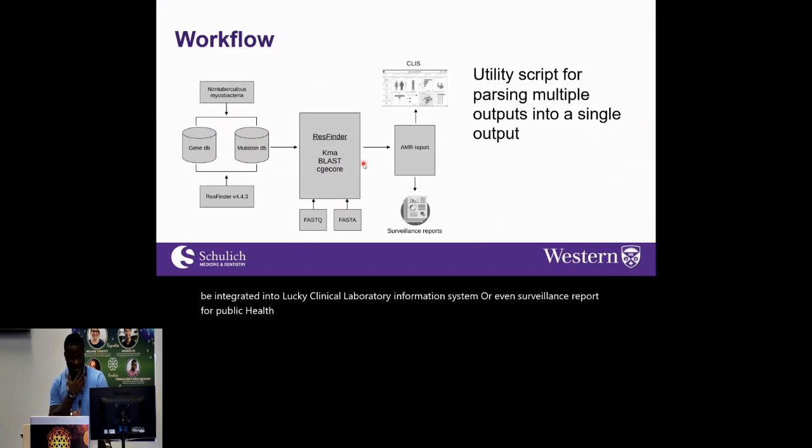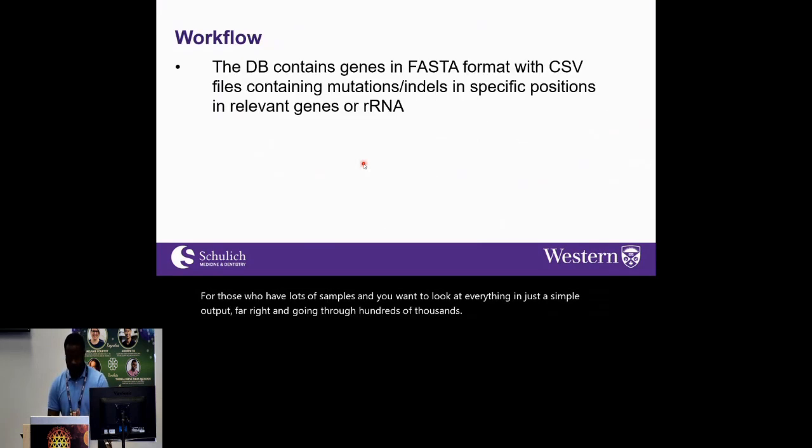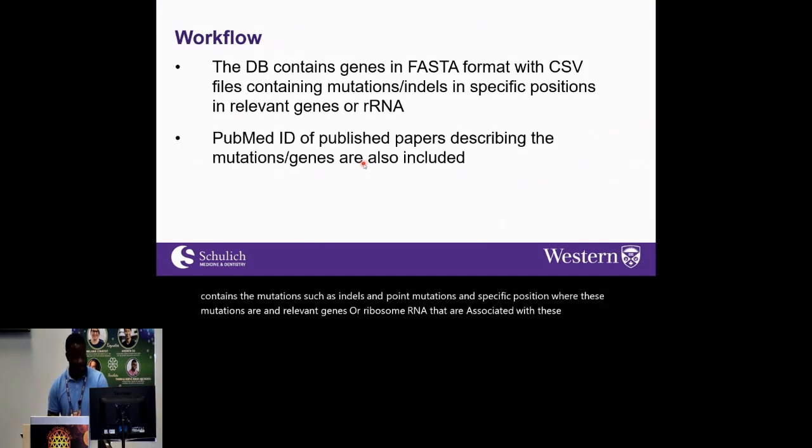So we also included a utility script that can help you merge your hundreds of reports into a single summary file, for those who have lots of samples and want to look at everything in just a simple output file rather than going through hundreds of files. And like I mentioned, the database uses FASTA files of the genes, and also a CSV file that contains the mutations such as indels and point mutations, the specific positions where these mutations are, and relevant genes or ribosomal RNA that are associated with these mutations, or this resistance rather.